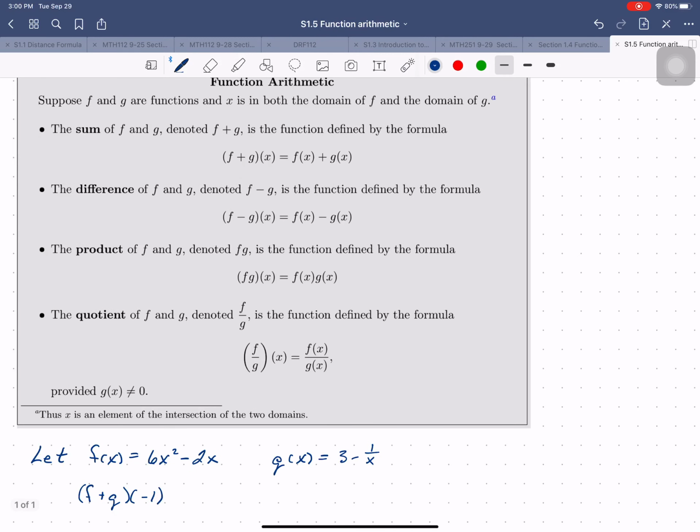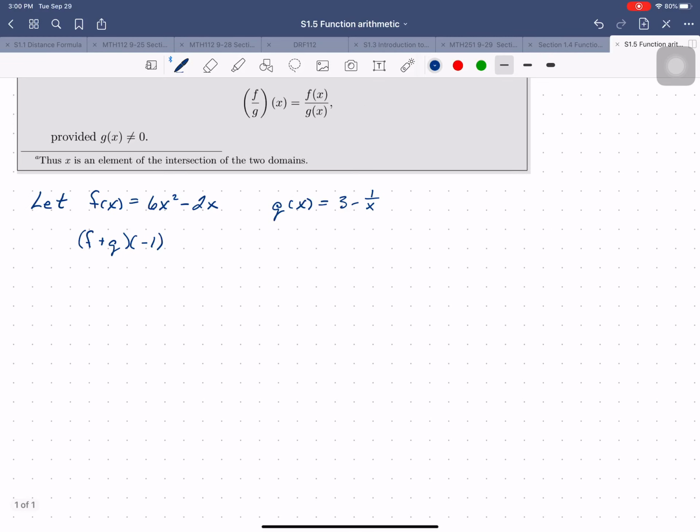Now, if we look at our rules up here, you can see we've got two options. We can try to find f plus g of x, but look at this: f plus g of a value is equal to f of that value plus g of that value. So it might be easier to say that's the same thing as f of negative 1 plus g of negative 1, which is 6 times negative 1 squared minus 2 times negative 1, because that's how f is defined, plus g evaluated at negative 1.